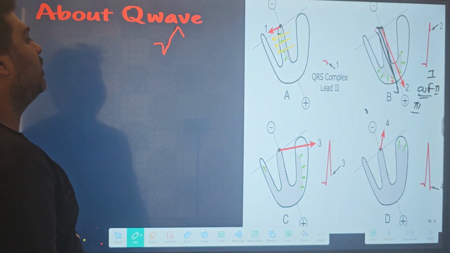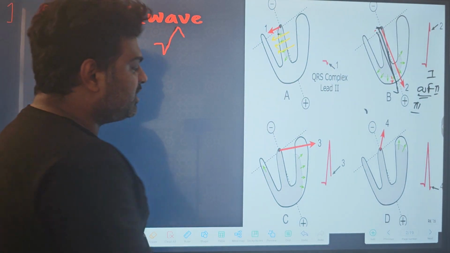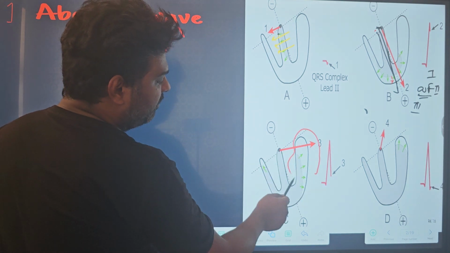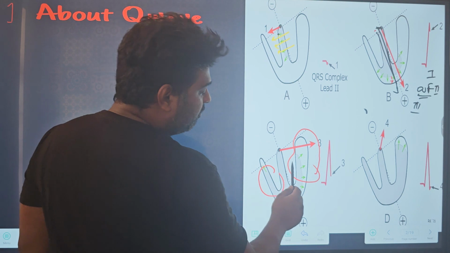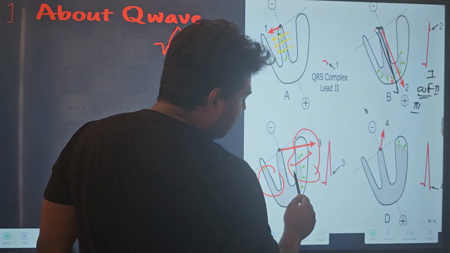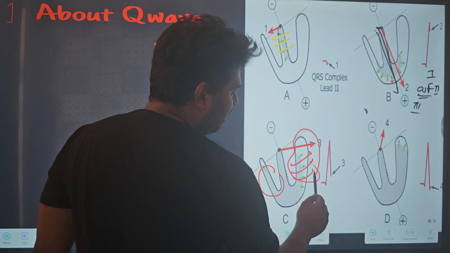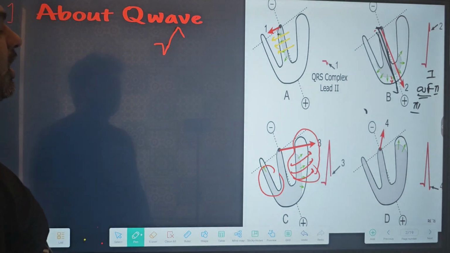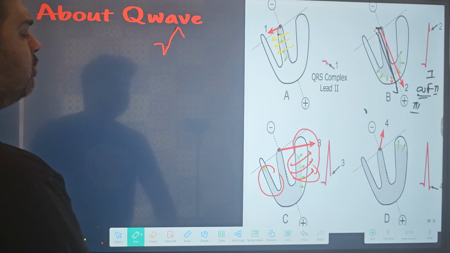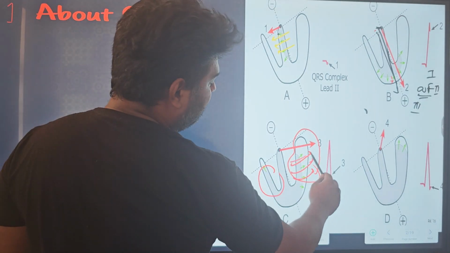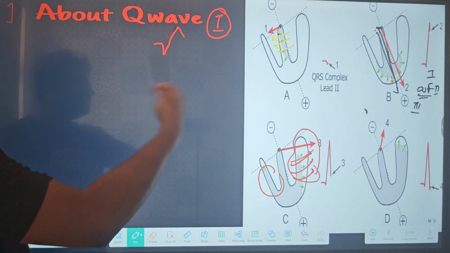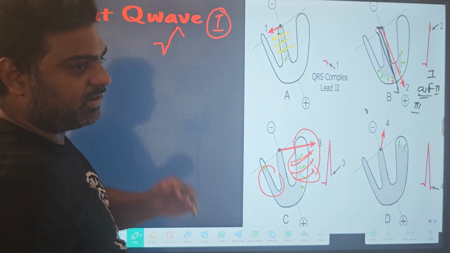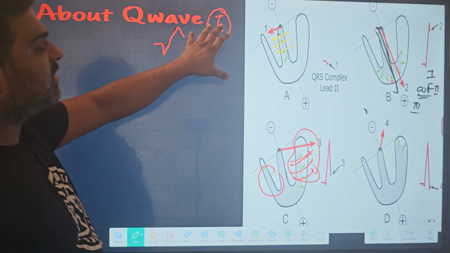Okay, now after that there is depolarization of the left ventricle and the right ventricle, and the direction of depolarization is from endocardium to the epicardium. Now this direction, if we take lead 1, understand in all the examples we are taking this lateral lead 1 as a reference.